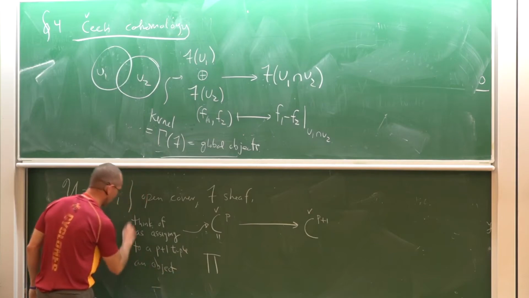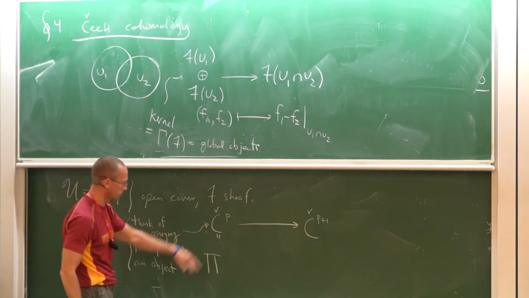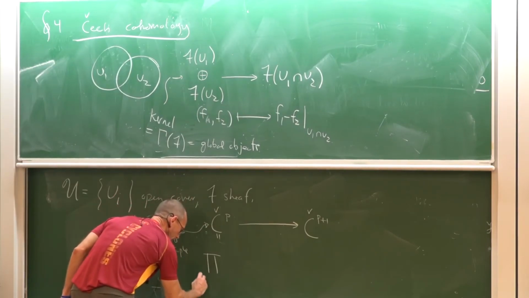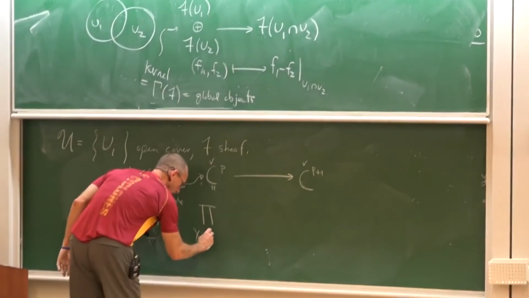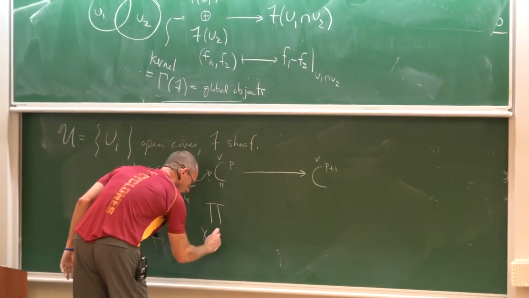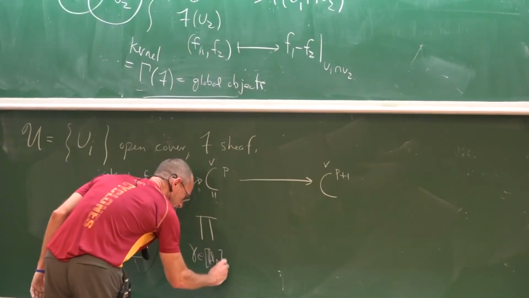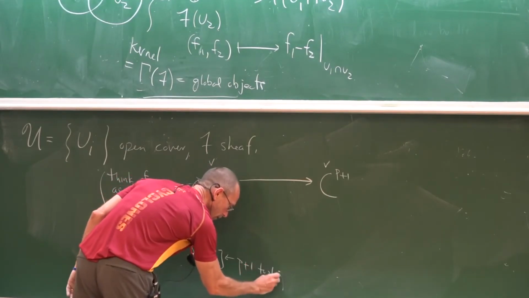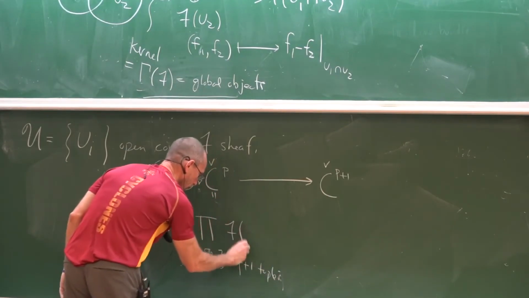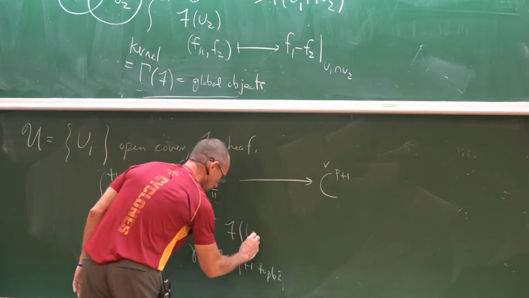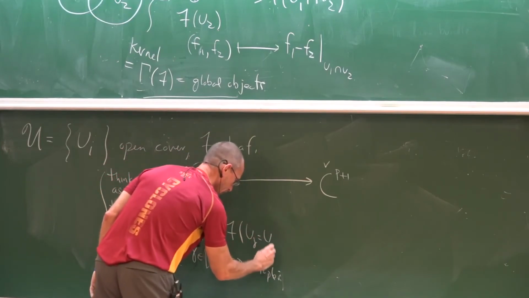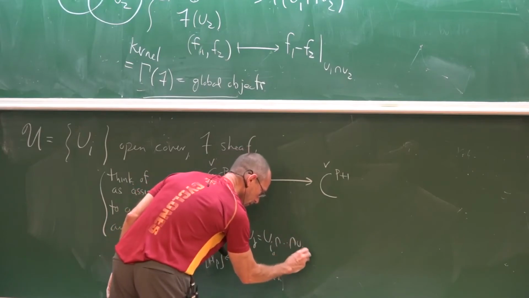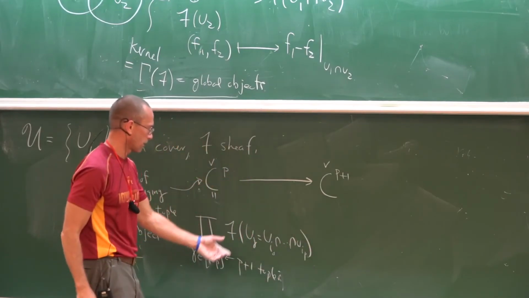So this C^p is the product over all gamma in, I think we call it L_p in our book, but these are all p+1 tuples, of F of U_gamma, equals U_{i0} intersect through U_{ip}.